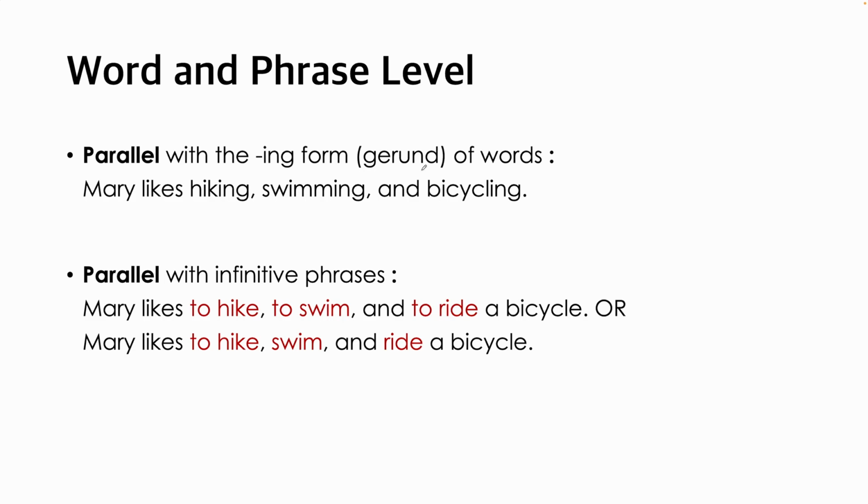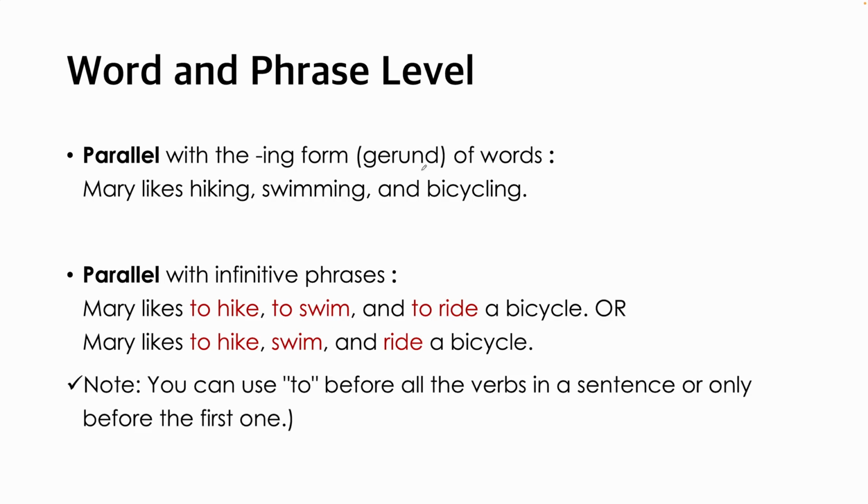Or if you want to make it even shorter, you can say Mary likes to hike, swim, and ride a bicycle. So you can use to before all the verbs in a sentence or only before the first one. Okay? You can decide to use to before all the verbs or just use it once at the beginning of the first one.